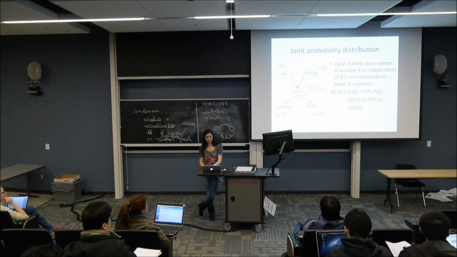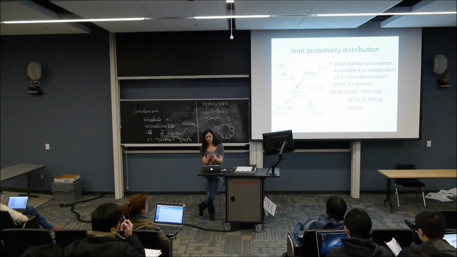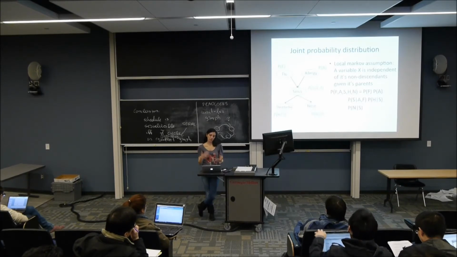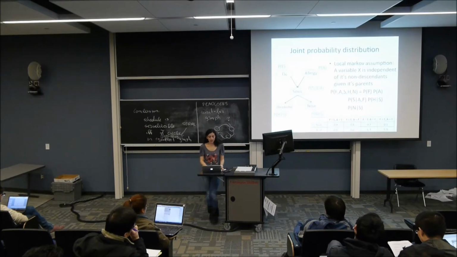So here we just have to see that it does simple, we can write the probability distribution in this simple way, where for every variable we just include its conditional probability given its parent. And this will take care of all of the joint probability distribution.